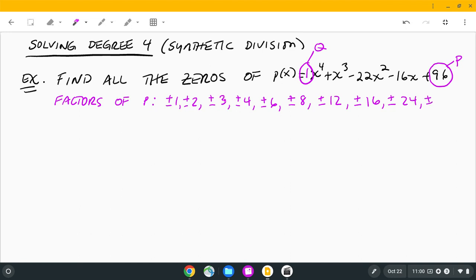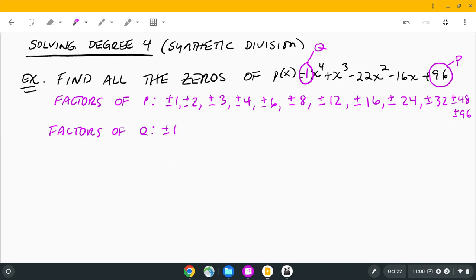And then the number that pairs with 3 would be 32. And then the one that pairs with 2 is 48. And then 96. Okay. And thank goodness the factors of Q are just plus minus 1.